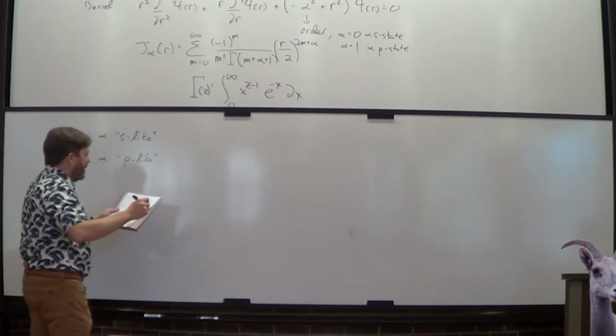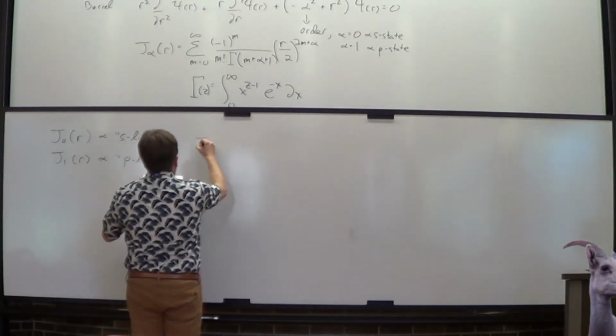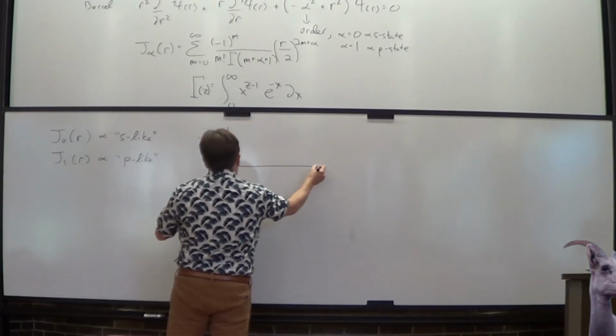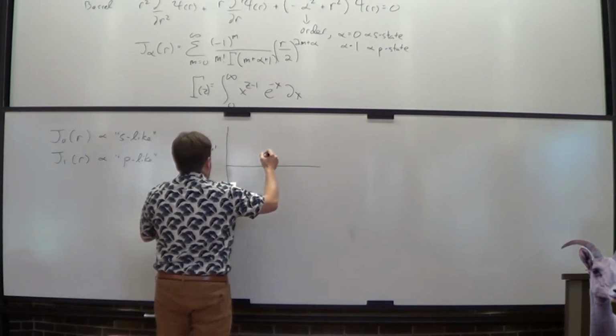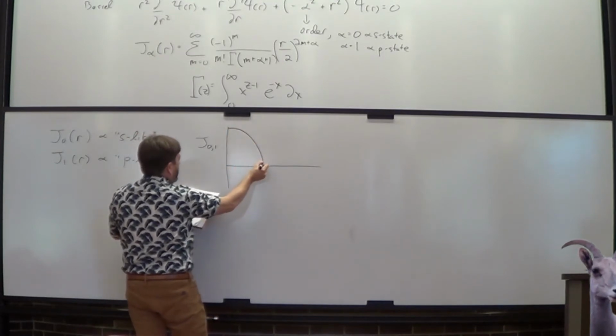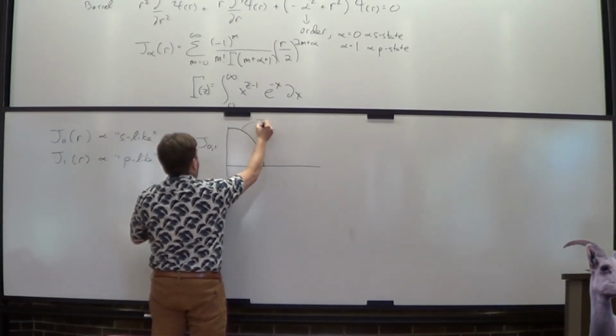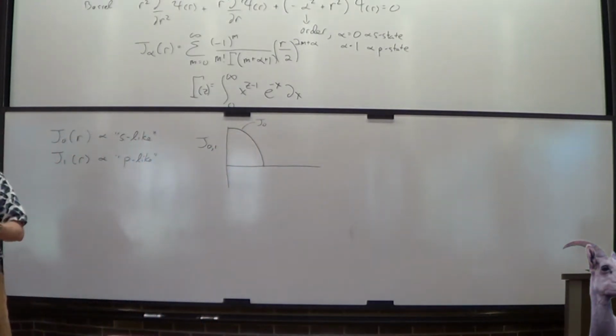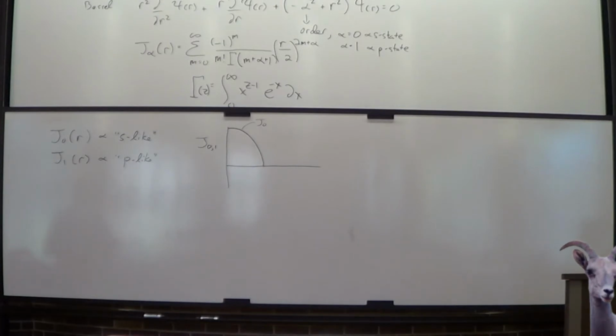Okay. Now let's plot them, and they look like this. Let's do the J of 0. Now here's something kind of interesting. So here's our S state. Remember that at one point, you've probably forgotten about this, we're trying to do the particle in a sphere.